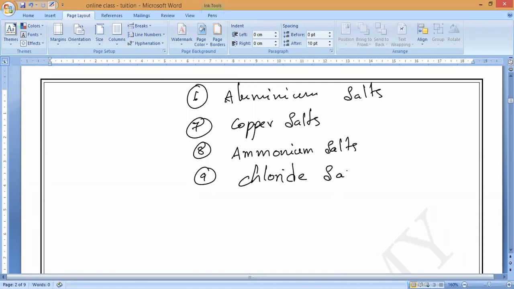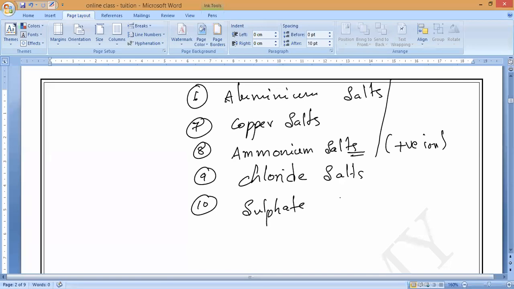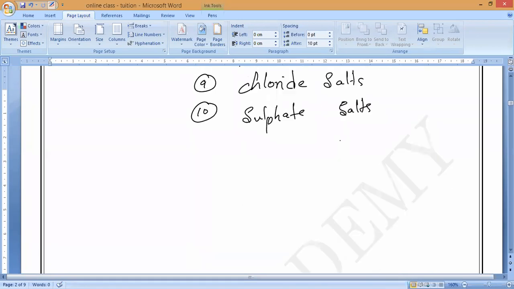Ammonium is still positive. Everybody should remember, the positive ions end here. From here, chloride is where the negative ions begin. Understanding? Chloride salts. Next, sulfate salts. These are negative. Next one.